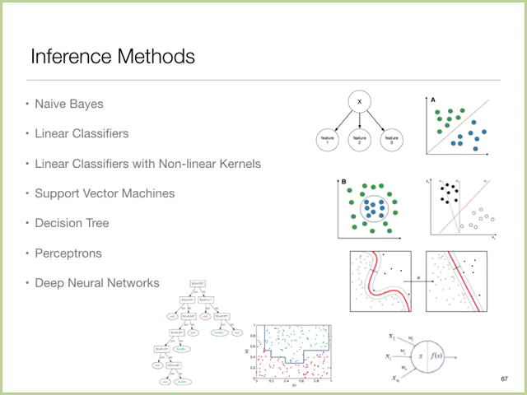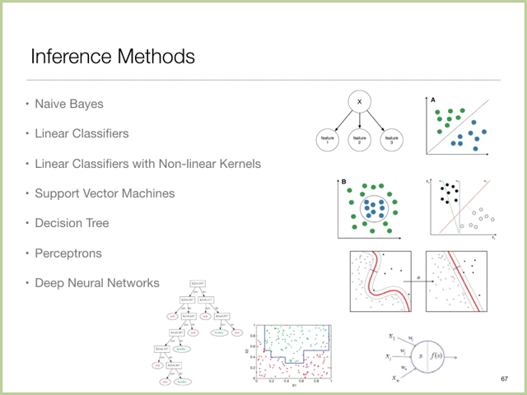So when it comes to inferencing, there is a whole bunch of things that you can apply, and most of you are already familiar with these things. There is naive Bayes, which works extremely well as a first cut, despite a lot of simplifying assumptions. Linear classifiers and classifiers with nonlinear kernels we use all the time.